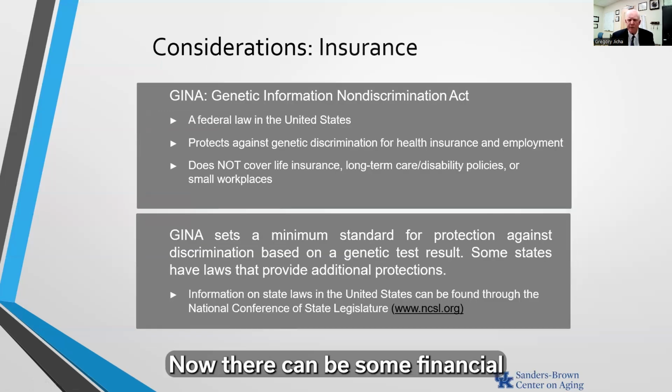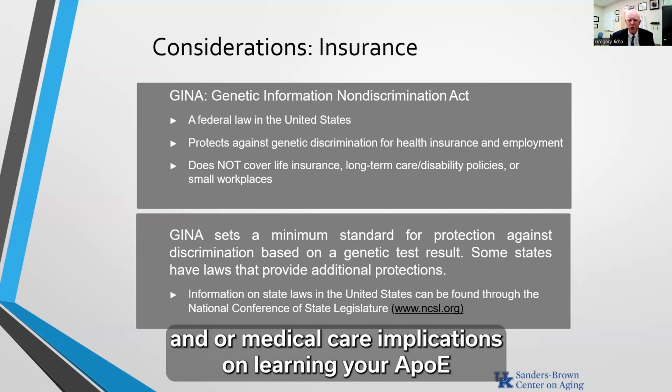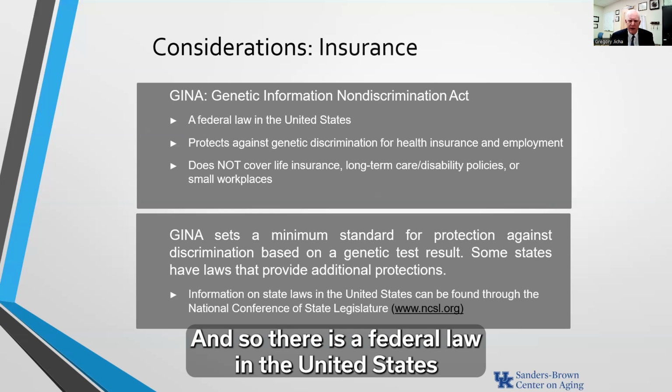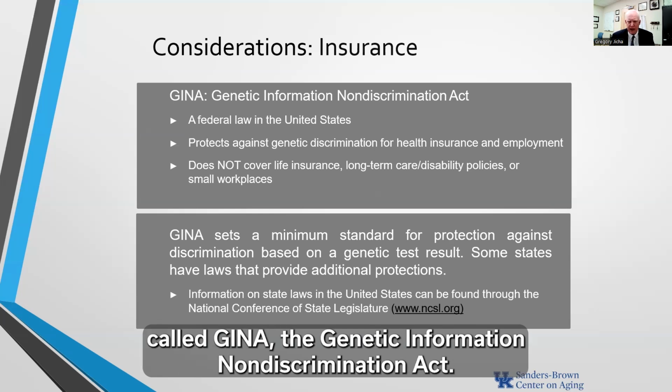Now, there can be some financial and or medical care implications of learning your ApoE status, your genetic phenotype, and this needs to be protected. And so there is a federal law in the United States called GINA, the Genetic Information Non-Discrimination Act.